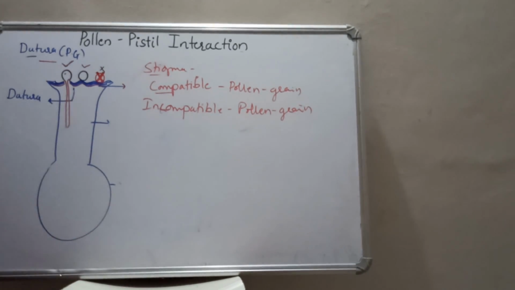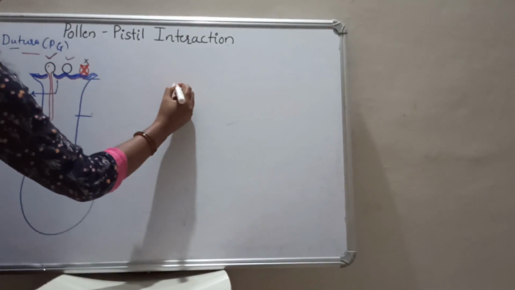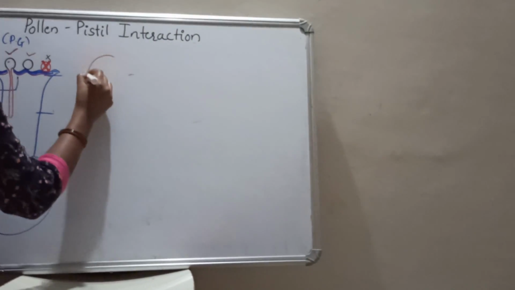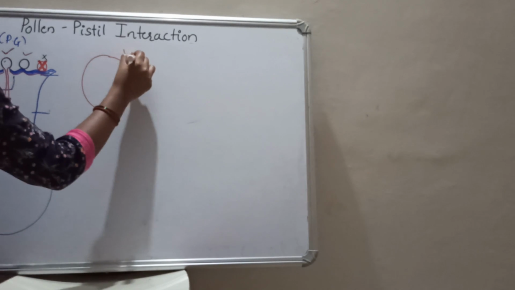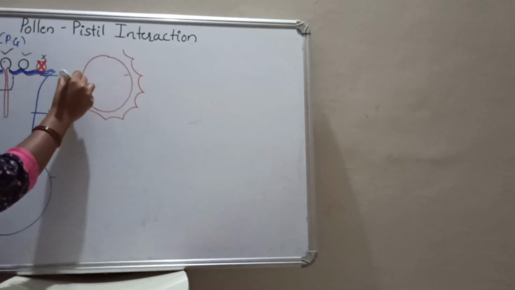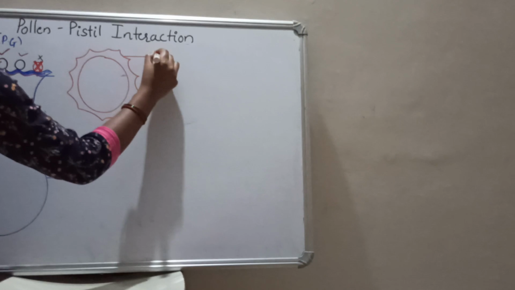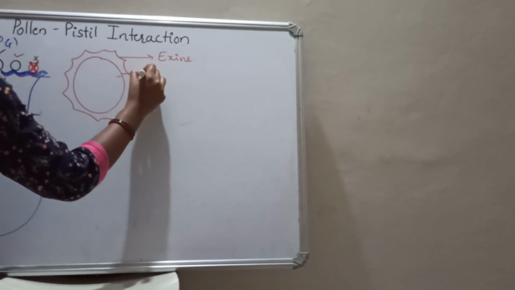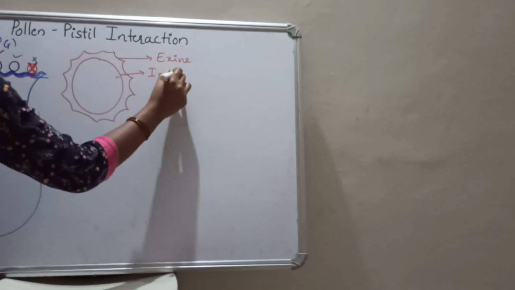Then here we already know about the structure of the pollen grain. The pollen grain has two layers. The outer layer is called exine and the inner layer is called intine.